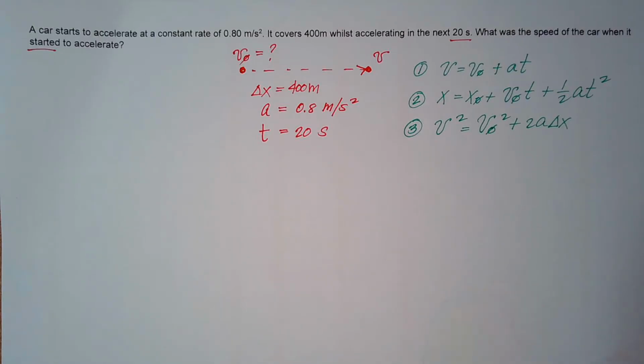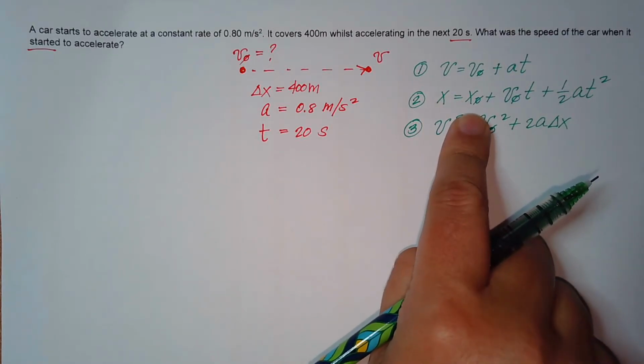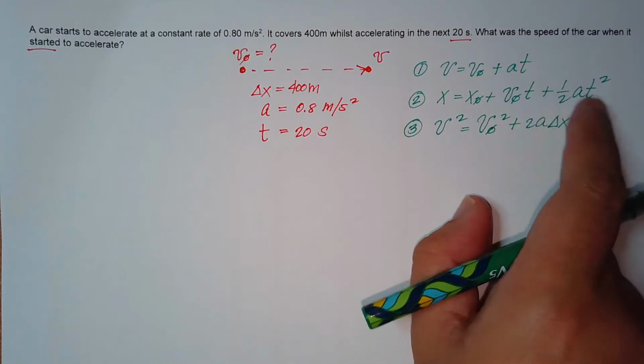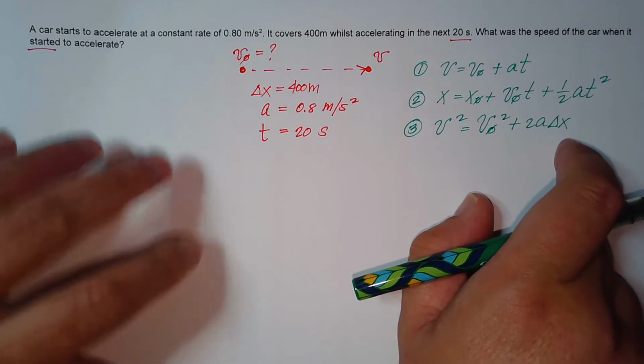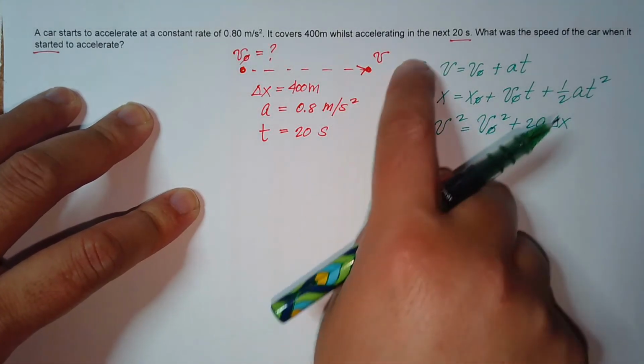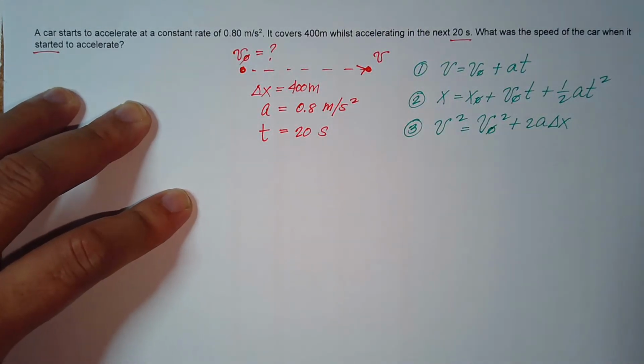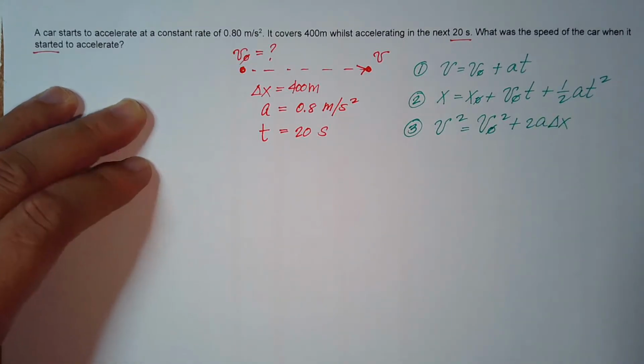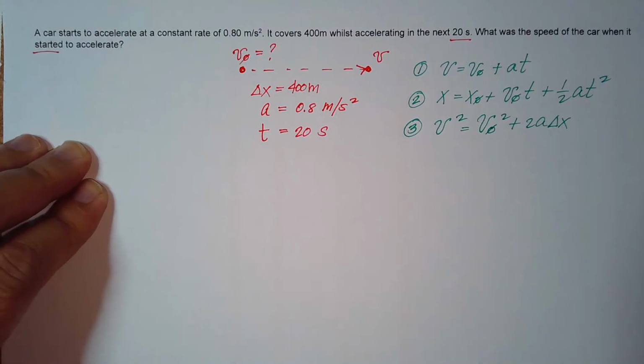So let's take a look at this: x naught plus v naught times t plus 1/2 a t squared. There's no mention of v, the final velocity, so maybe I can use number 2. Maybe I'm right, maybe I'm wrong, so let's see by applying it.